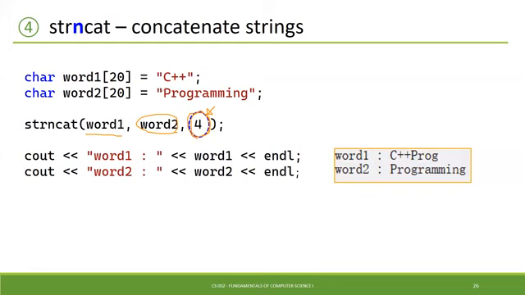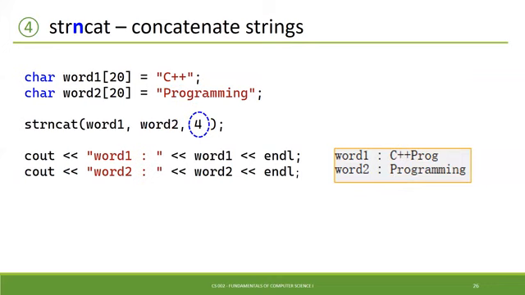So only PROG will be added after C++. So word 1 will be C++ prog, and word 2 stays the same. No change. Any questions? String compare and string concatenate.